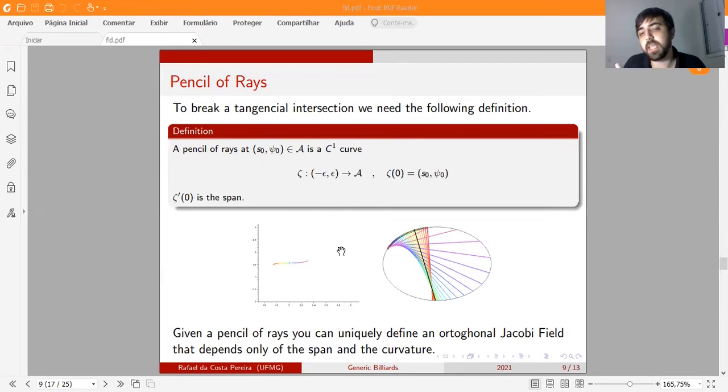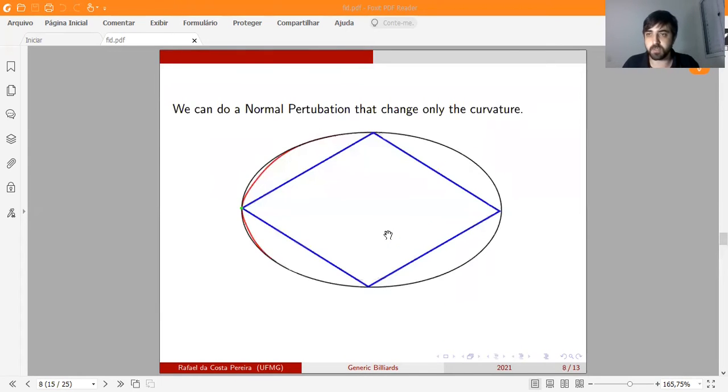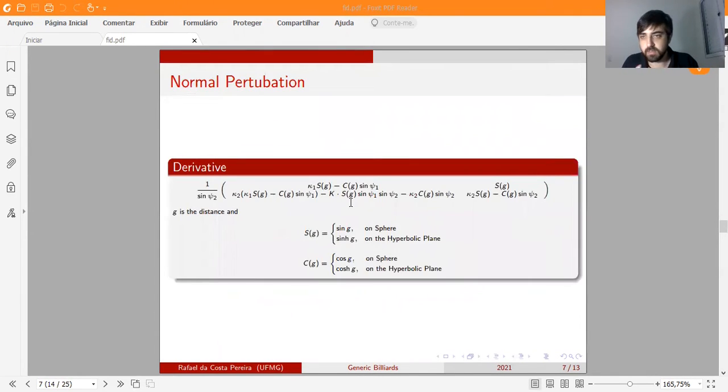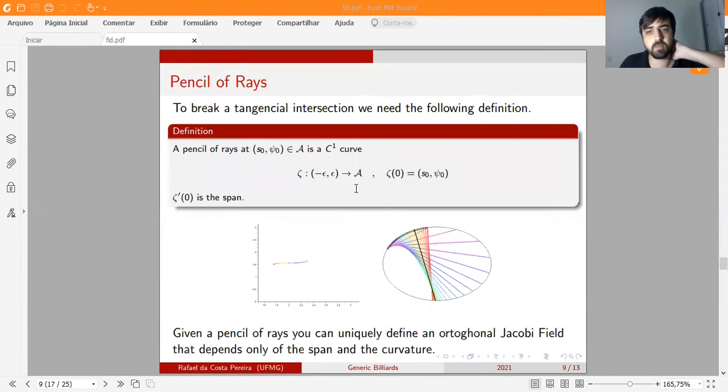The key feature is that it's easier to work with Jacobi fields. Each manifold will induce a Jacobi field because we induce a geodesic variation, and our normal perturbation allows us to perturb the derivative in a very specific way. We managed to guarantee transversal intersection of hyperbolic periodic orbits.